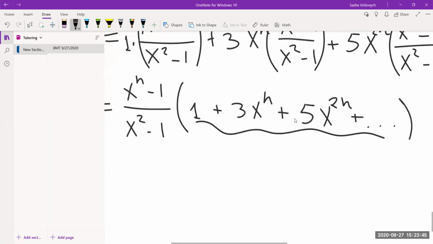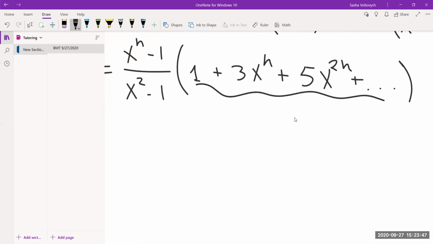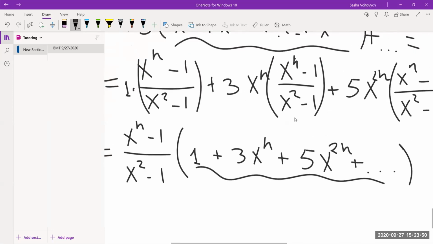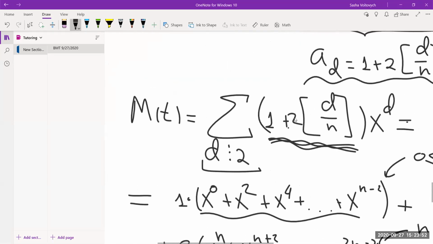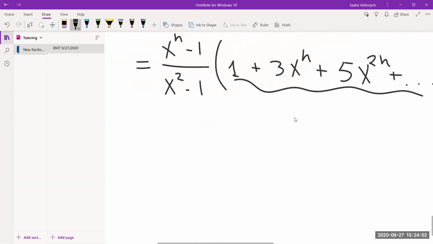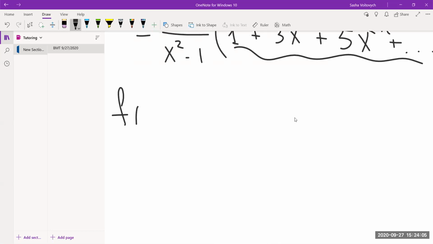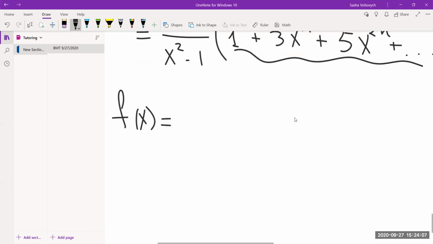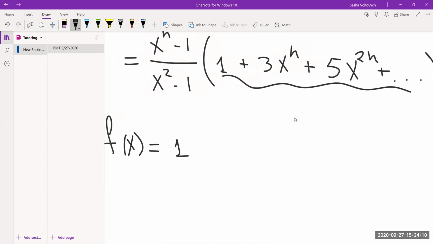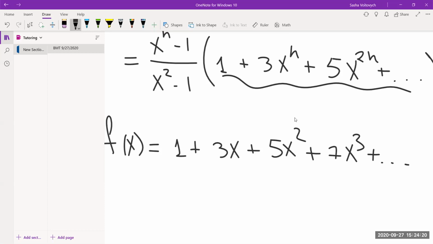So let's consider a function. I wrote t for some reason, but then I wrote everything in x, so I'll just change that to x. So let's consider a function f(x) equal to 1 plus 3x plus 5x squared plus 7x cubed, and so on.